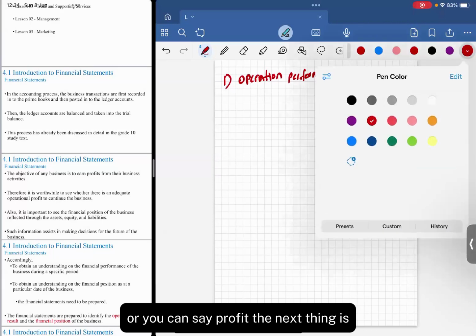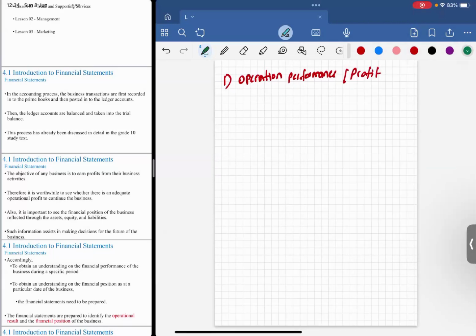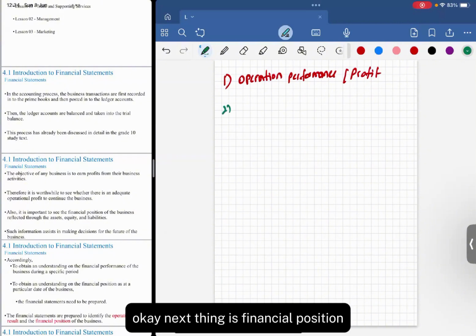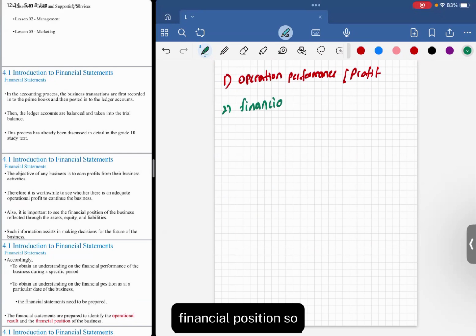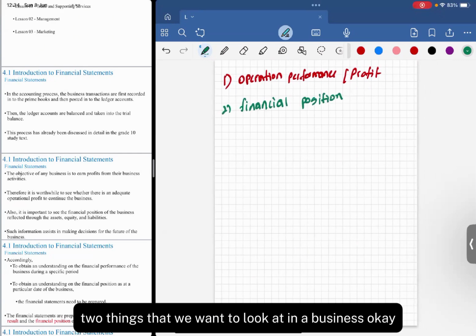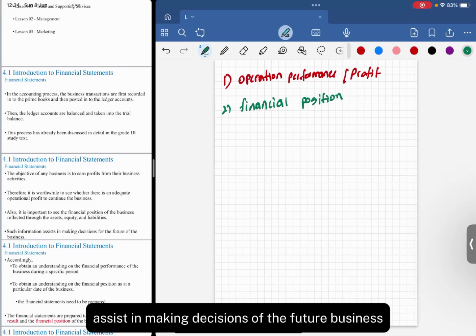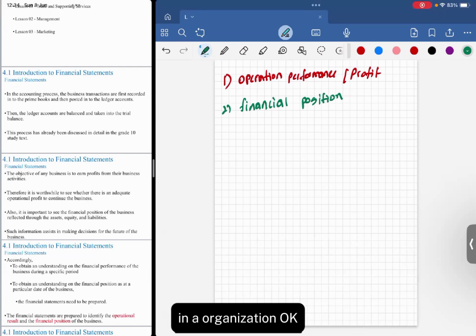The next thing is financial position. So those are the two things that we want to look at in a business. Such information assists in making decisions about the future of the business in an organization.